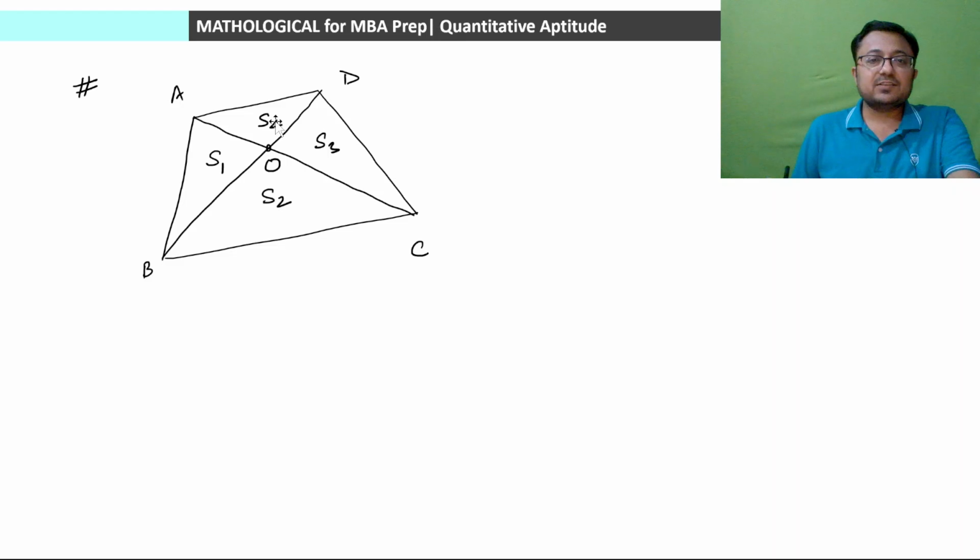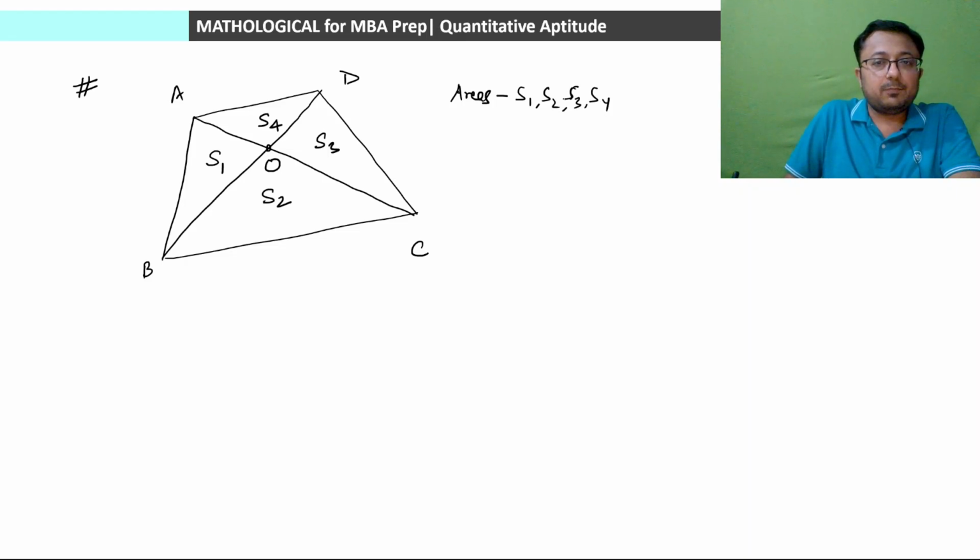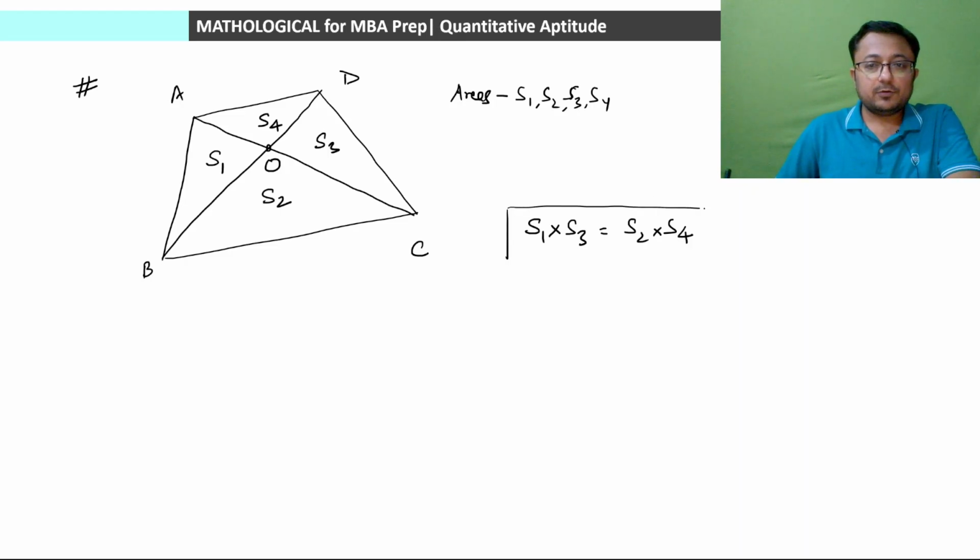So if areas of respective triangles are S1, S2, S3 and S4, So another important property is that S1 into S3 is equal to S2 into S4.